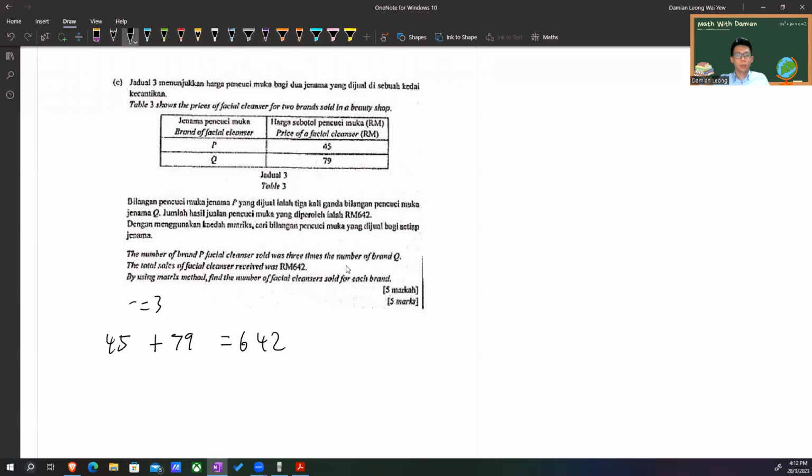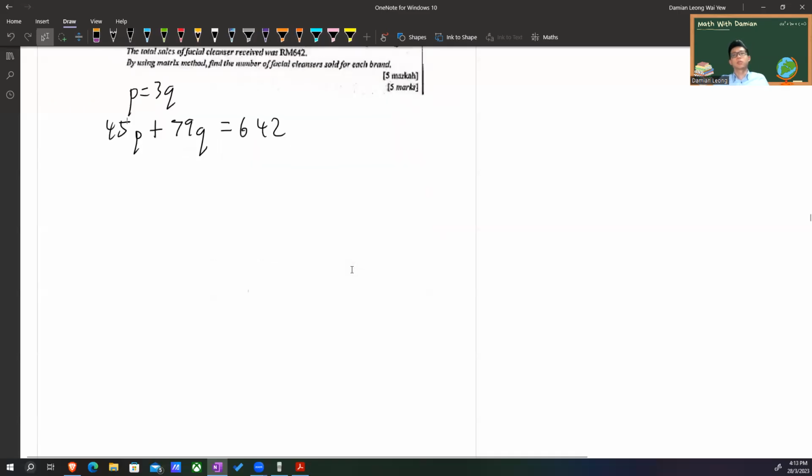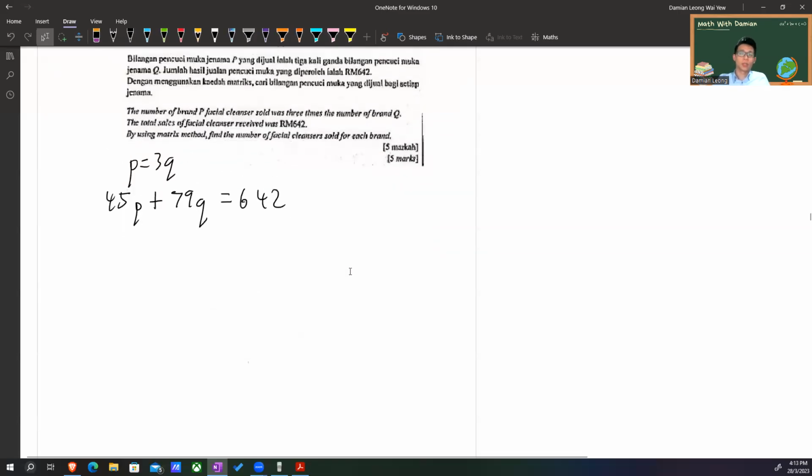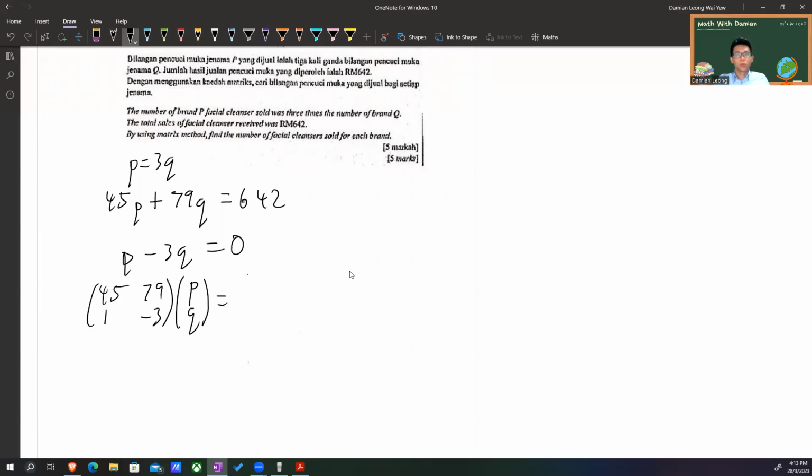If you find using capital letters confusing, I can use small letters also. Yeah, because it looks like part of the matrix. The unknown, so this one I can rearrange. P minus 3Q equals 0. Means the matrix that I have, 45, 79, 1, negative 3 times PQ is 642, 0.